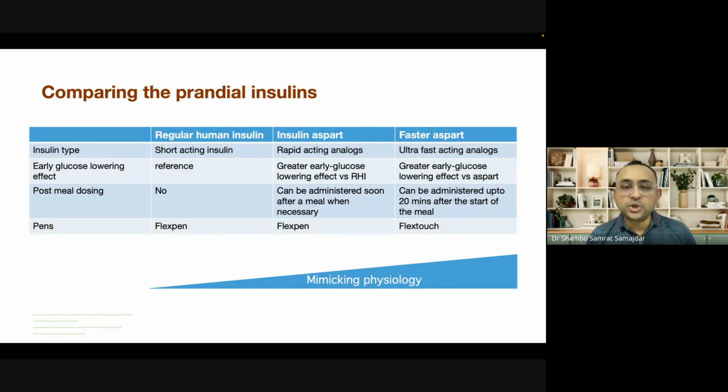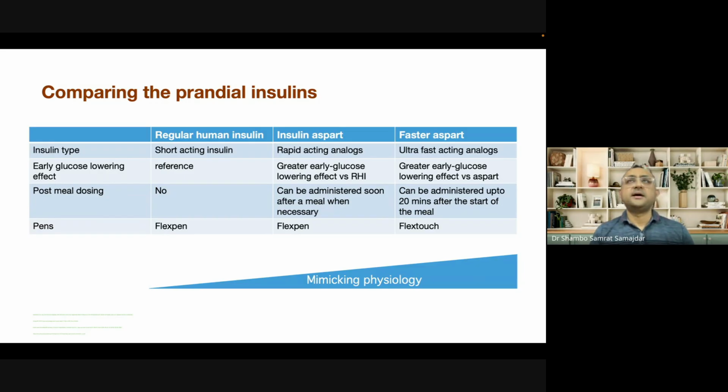If we want to compare the prandial insulins, we have regular human insulin, insulin aspart and faster aspart. So the journey started with short acting insulin, then rapid acting analogs, and now we have ultra fast acting analogs.